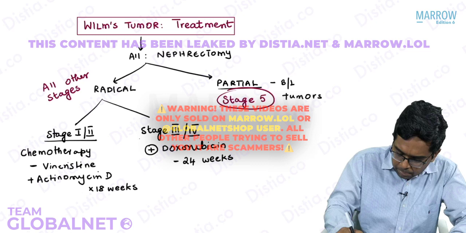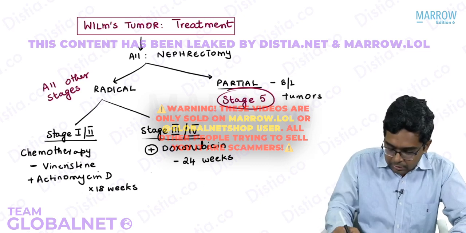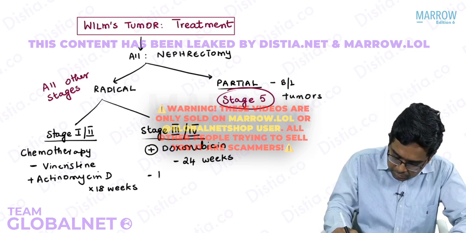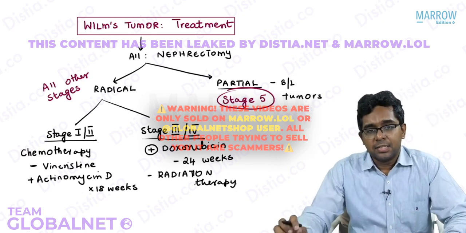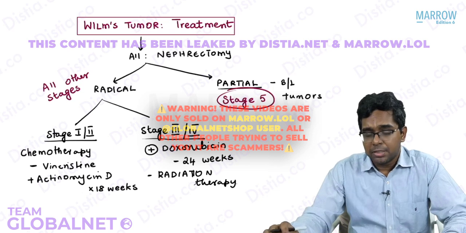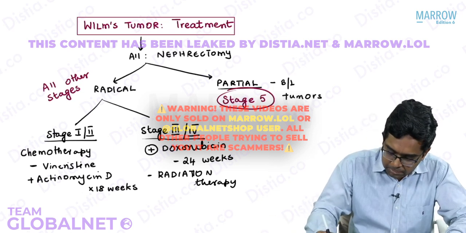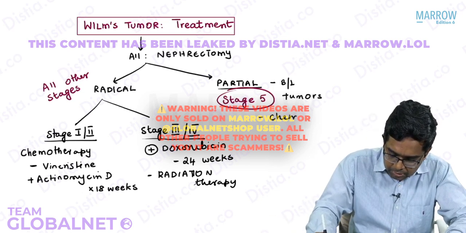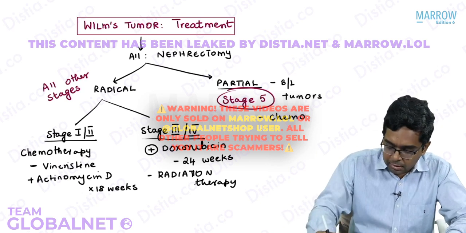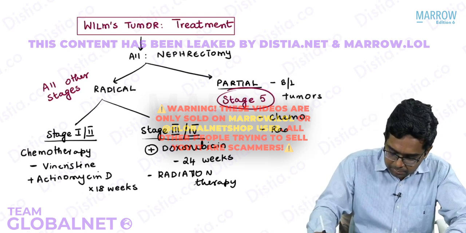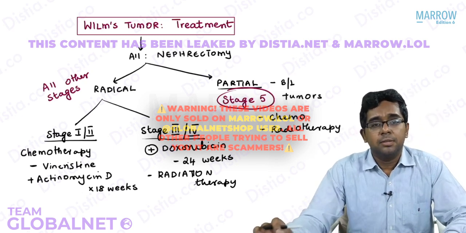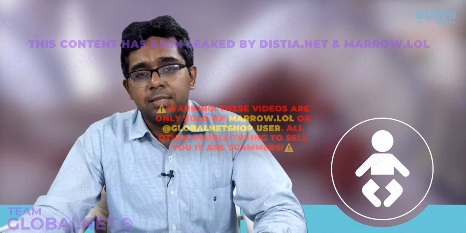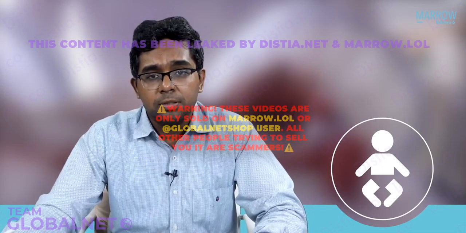And all patients in stage 3 and stage 4 will require radiation therapy also. In stage 5, as I have already said, you do partial nephrectomy. In addition to partial nephrectomy, all the chemotherapeutic drugs which I have mentioned should be added, and they also require radiotherapy. This is the treatment outline for a patient with Wilms tumor. So that completes our discussion of solid tumors in children.